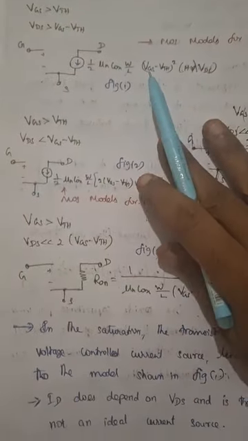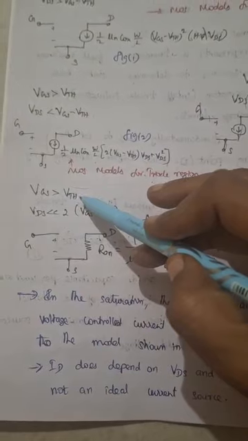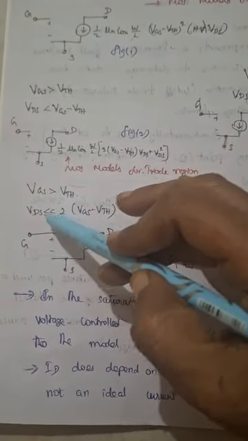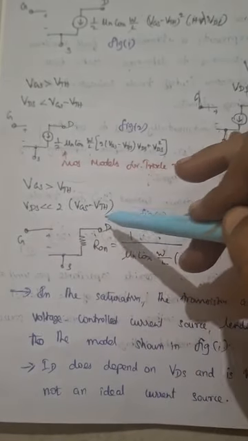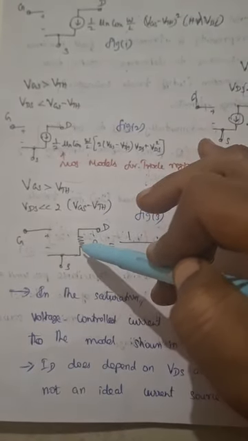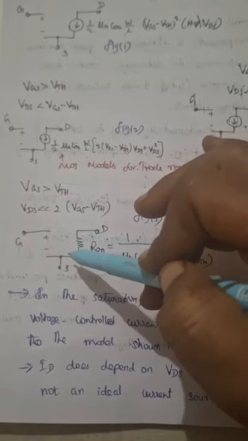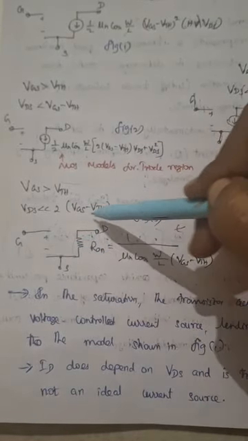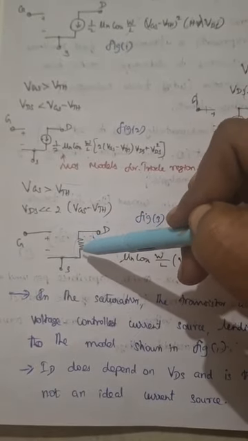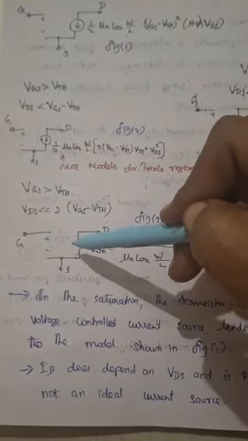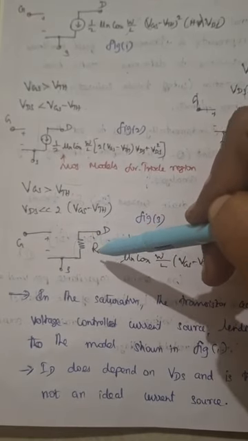Next, VGS is greater than VTH, but VDS is a very small value, that is very much smaller than twice of VGS minus VTH. At this time, the transistor can be viewed as a voltage controlled resistor. What is the resistor here? We consider that resistor as RON.